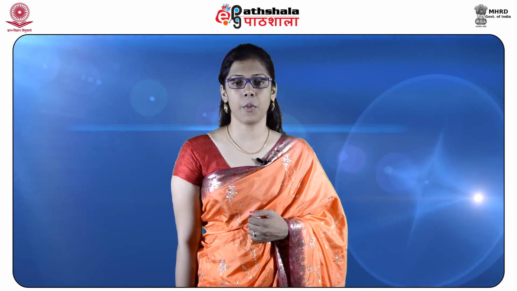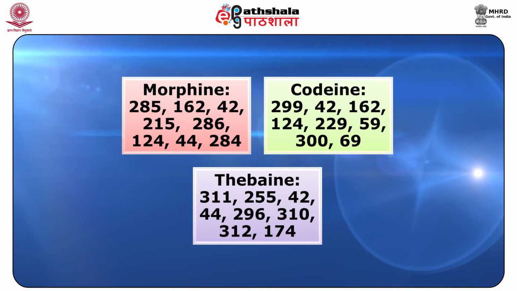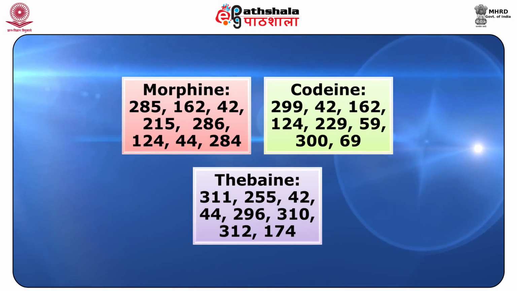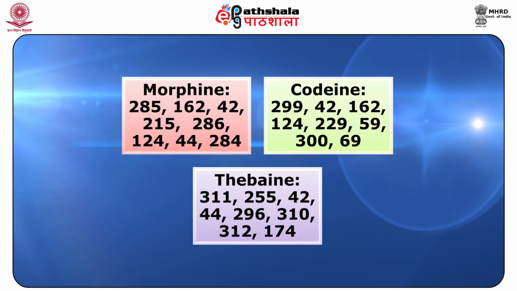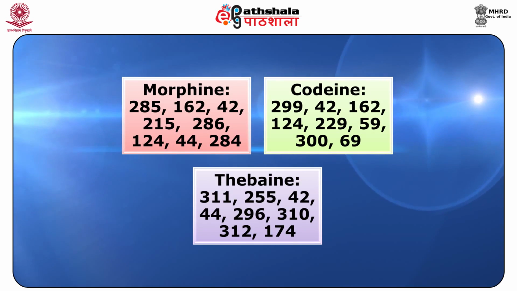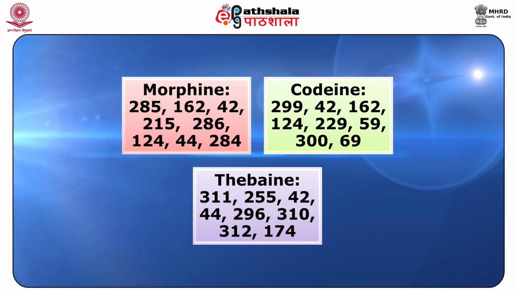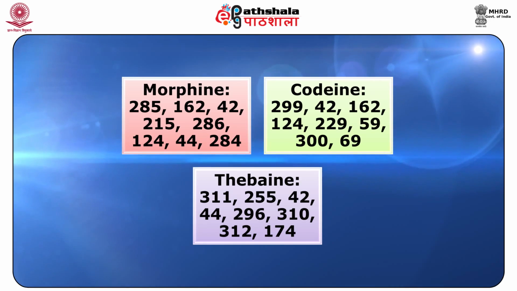Now let us see the mass spectrometry. Principal peaks like morphine has 285, 162, 42, 215, 286, 124, 44, 284.